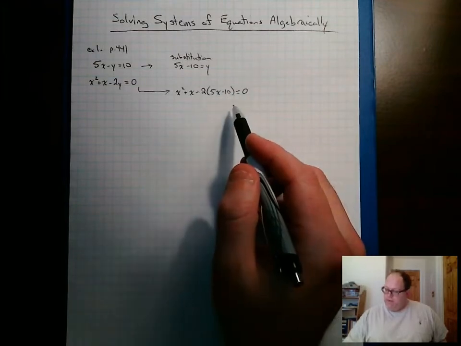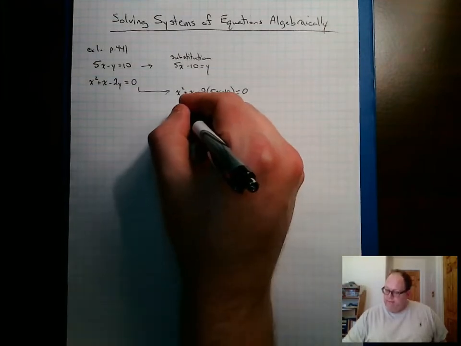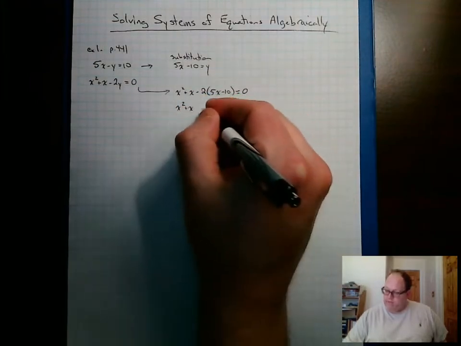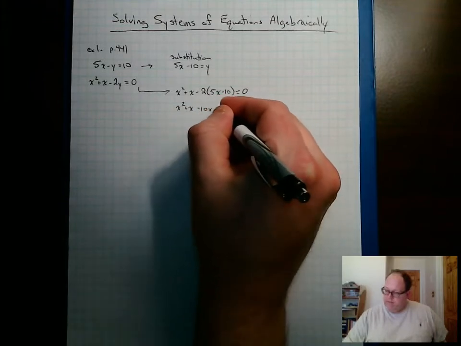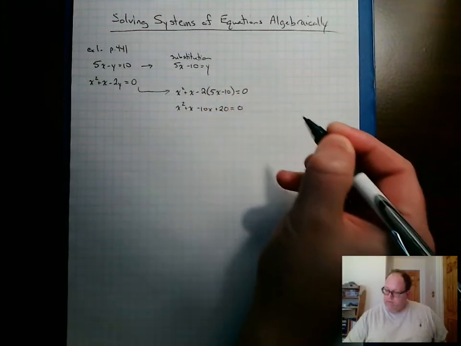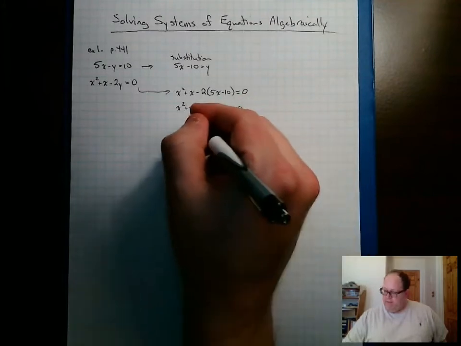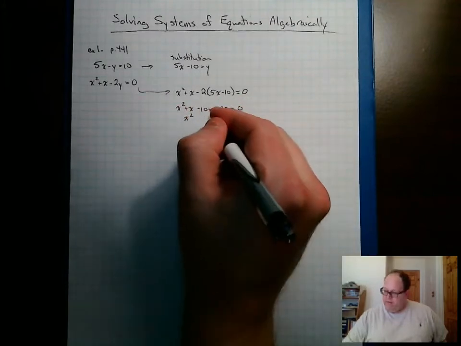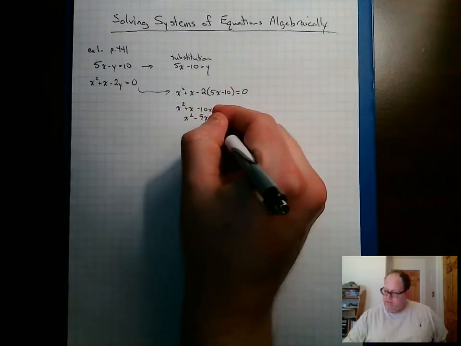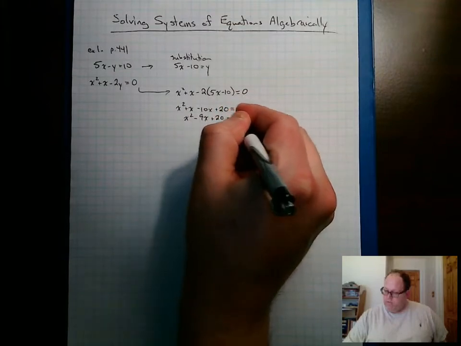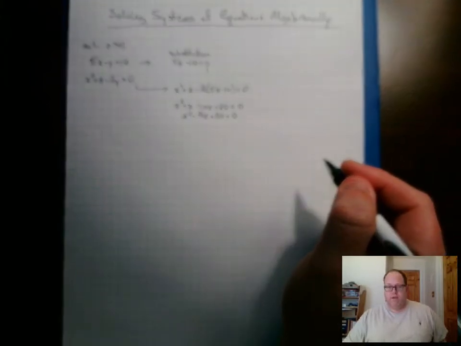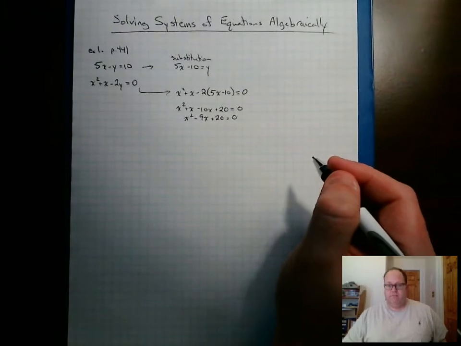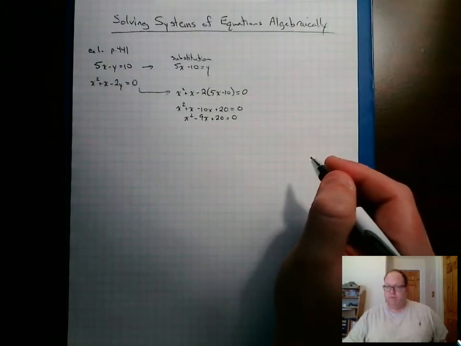Now, if I expand the brackets and simplify, I have x squared plus x minus 10x plus 20 equals 0. And if I combine my like terms, I have x squared minus 9x plus 20 equals 0. And that's a quadratic to solve. We've talked about a number of different ways before to solve quadratics.